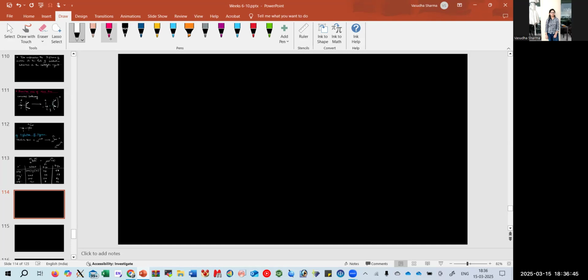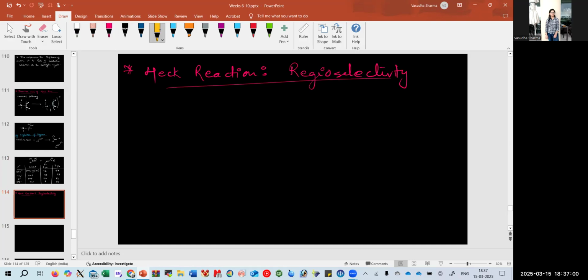We also have in Heck reaction the regioselectivity. So at what step you will see the regioselectivity happening. So if we have palladium, where on one side it is having a ligand, and here is the group which is attached after the insertion step. R2, this is R3, and this is R4. So here we have a proton, and there is a possibility of beta hydride.